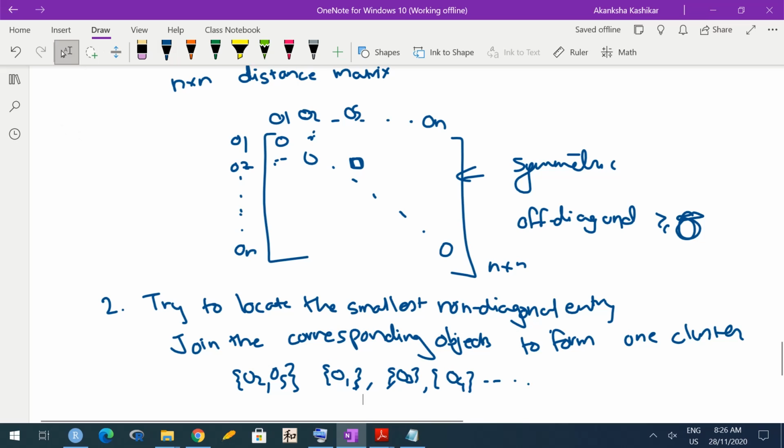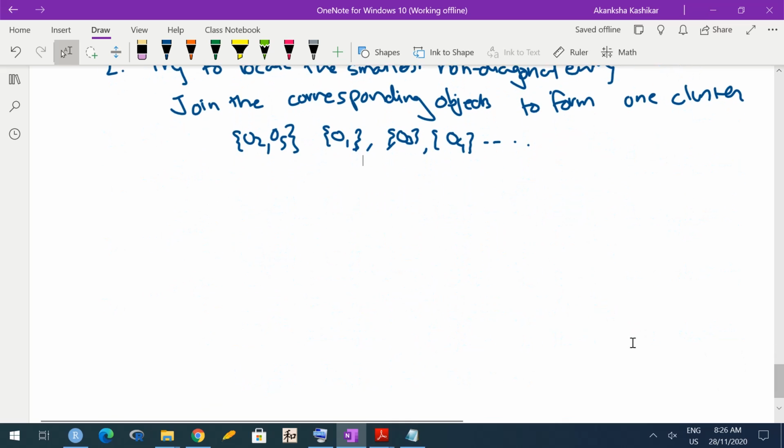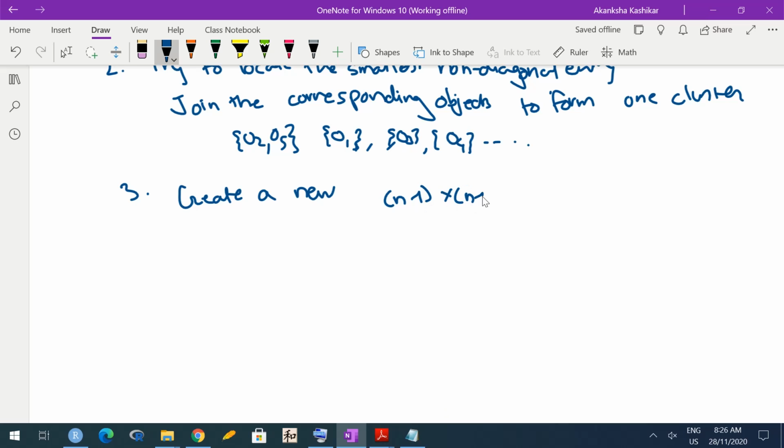Then now that you have n minus 1 objects instead of n objects, you create a new n minus 1 cross n minus 1 distance matrix using the linkage method on these n minus 1 objects.